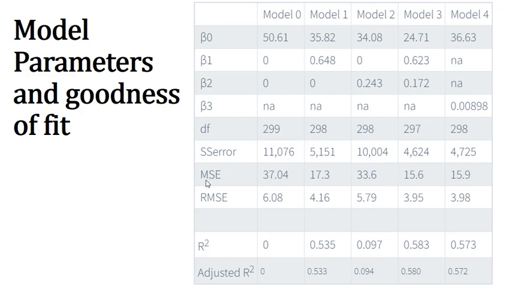Now the MSE is mean square error, which is a mean of that. So basically what it does is divide 11,076 by 299, the number of degrees of freedom, and that's 37.04. So this 37.04 tells you that, more or less, for each prediction we got 37 points of difference to the actual score, on average.